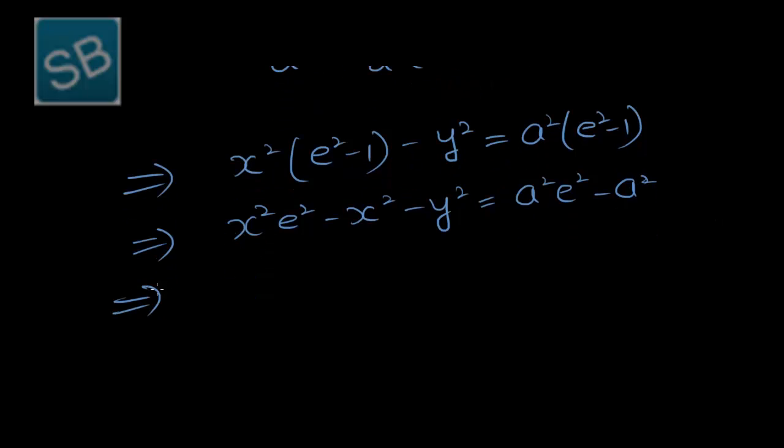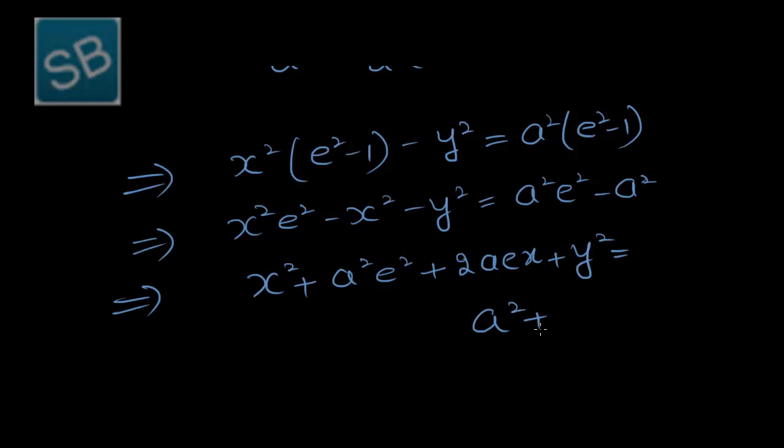That gives, we have x square plus a square e square plus, we are adding 2aex, plus y square is equal to a square plus 2aex plus e square x square.